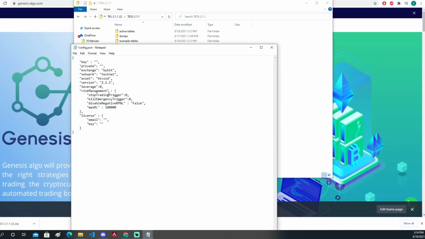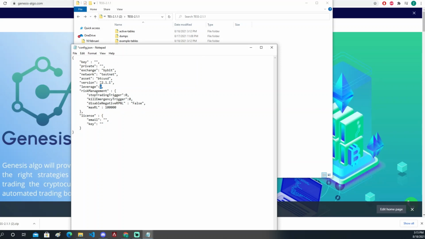Then we have the stop trading trigger. That's basically at which leverage you would like the bot to stop any trading, and the kill emergency means at which leverage, what is your maximum leverage, and if it's reached, then it will also close your entire open position. And your leverage, we keep that at 0 because I'm going to use cross leverage.